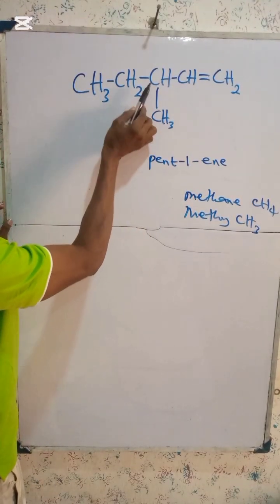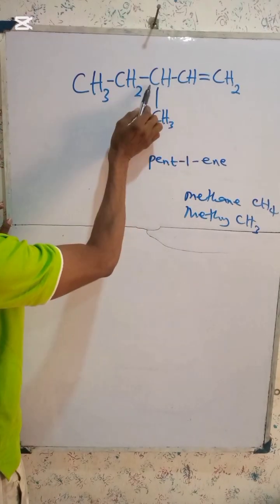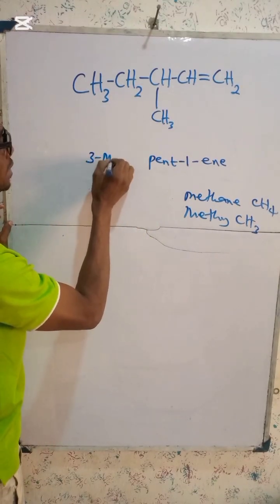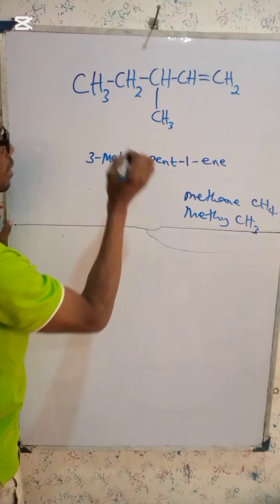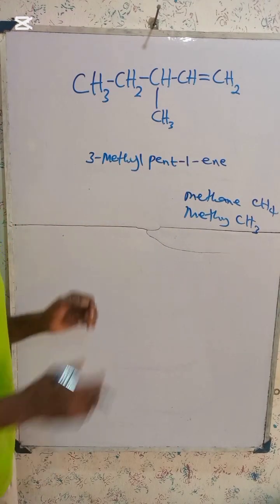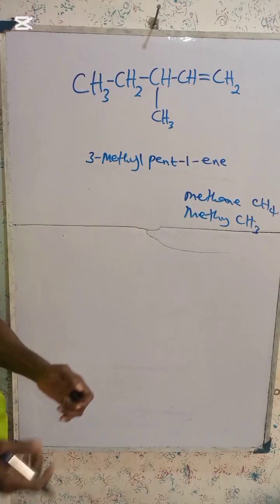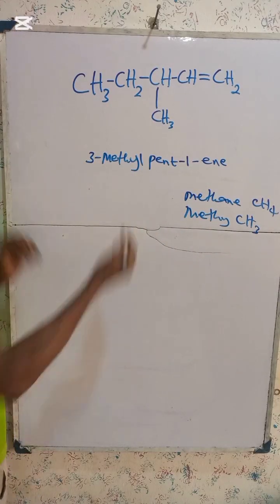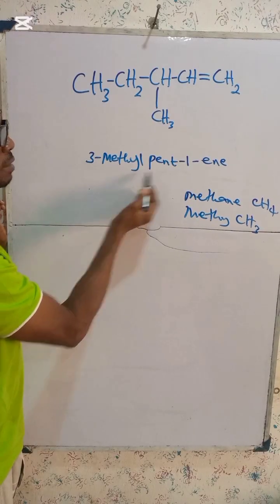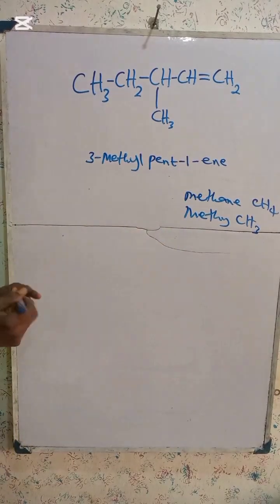It hangs on the third C. So 1, 2, 3. So we put it like this: 3-methyl, Pent-1-ene. Is that clear? Then arrange it properly, it gives you the answer. Is that clear? Then the proper name for this becomes 3-methylpent-1-ene.